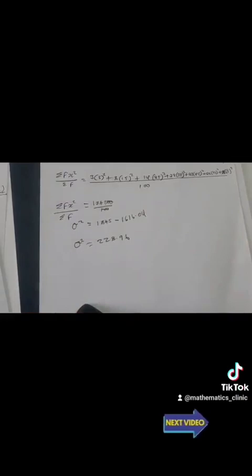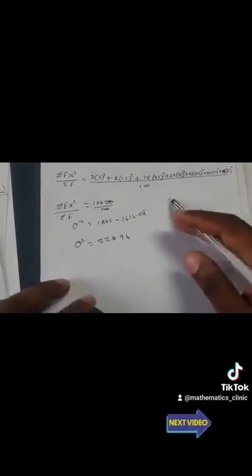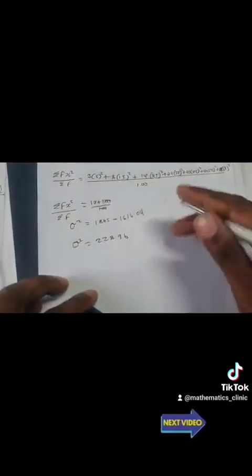Now, how do you find the standard deviation? To find the standard deviation, we take the square root of the variance.